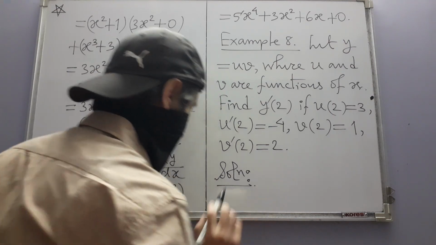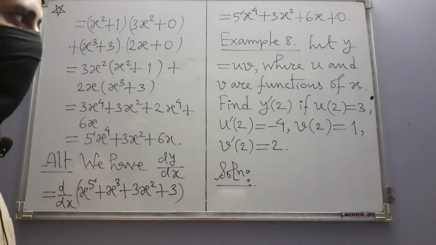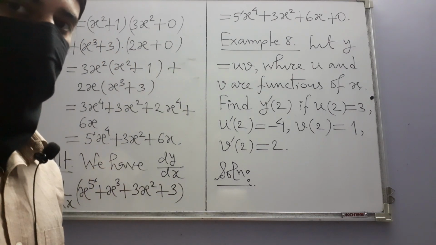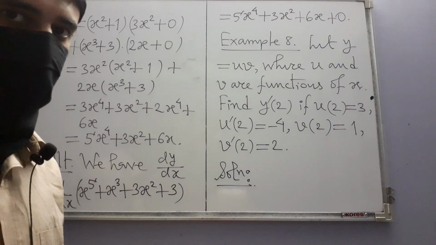Since the functions u and v are not entirely known, the product rule is the only way.